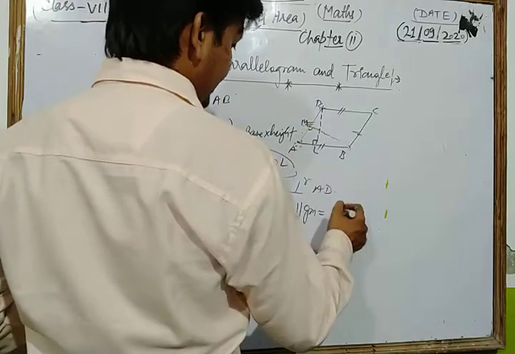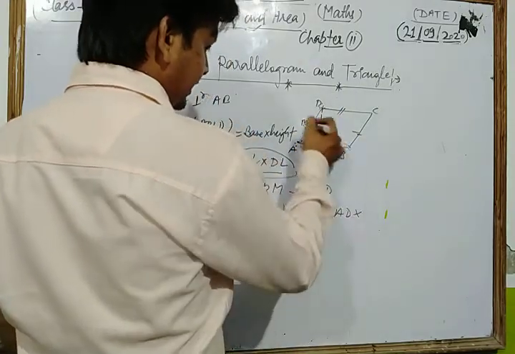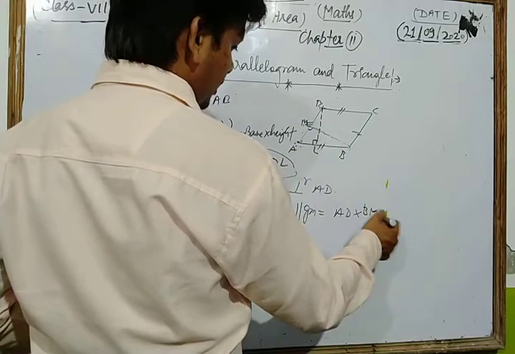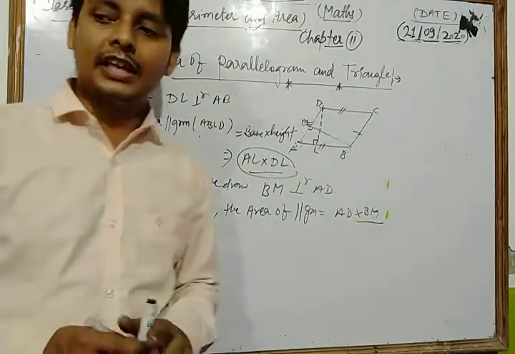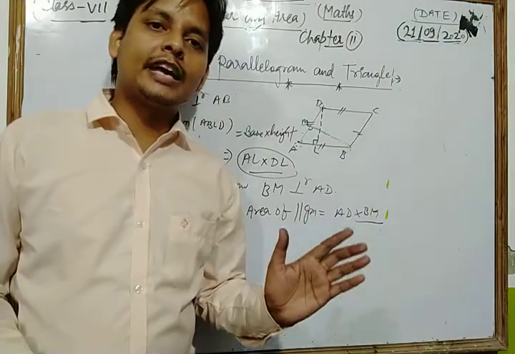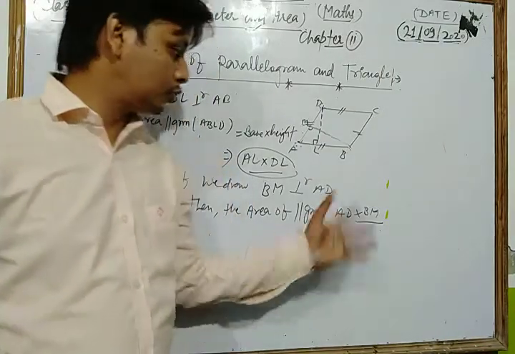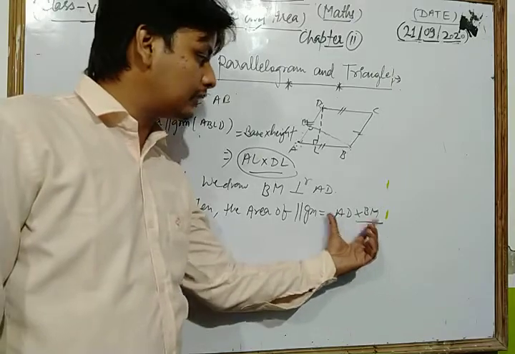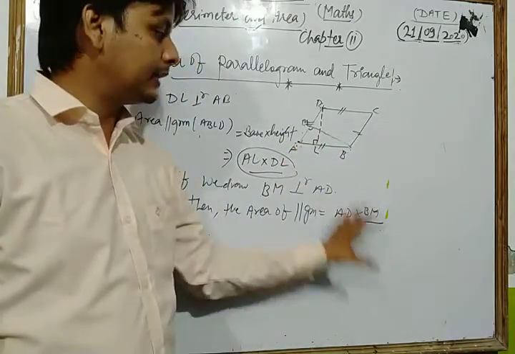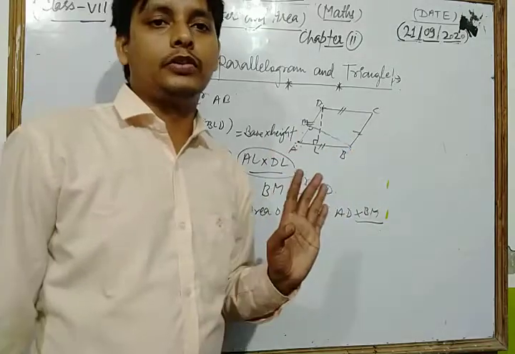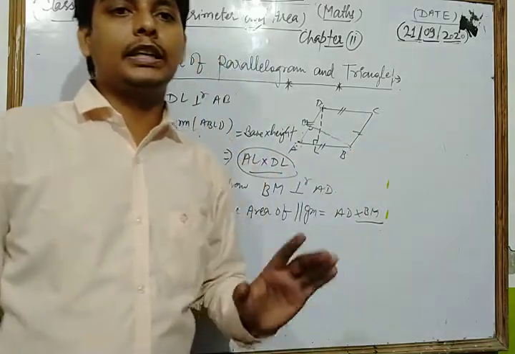So the base is AD and the corresponding height is BM. Thus, dear students, in this way we can solve. Both are formulas for the area of parallelogram ABCD. We are applying both formulas in that figure. So this is the concept of the area of parallelogram.